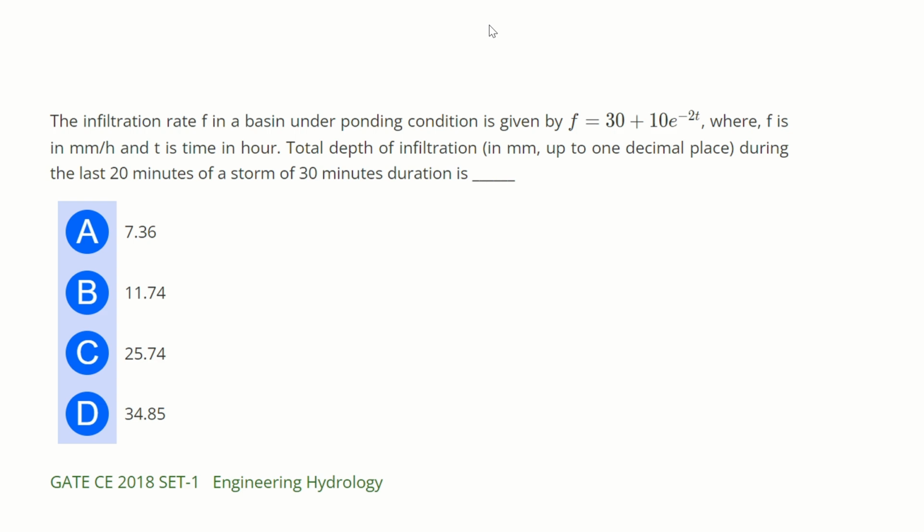Similar questions was asked, but here as you can see in the equation, the only difference from the previous question is F is given as 30 plus 10 into e to the power minus 2t, right? So this is the equation of the Horton's curve which is given to you.